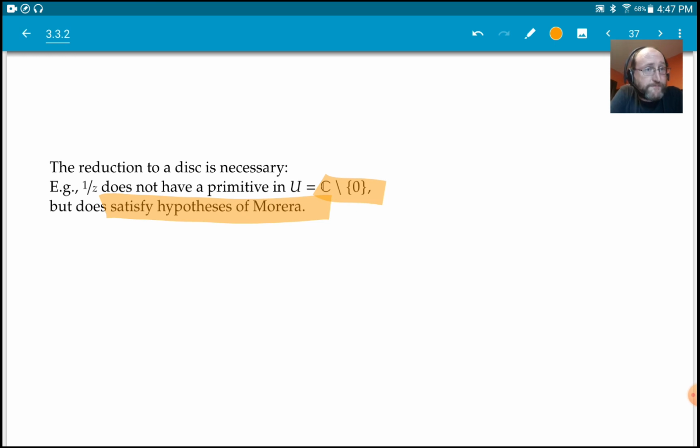That's just Cauchy's theorem, right? So just because something satisfies the hypothesis of Morera doesn't mean that it is an antiderivative. So we needed to do that reduction to a simpler domain, to a disk or anything star-like, right? So you can't always do it on all of U. You have to do it maybe in pieces.